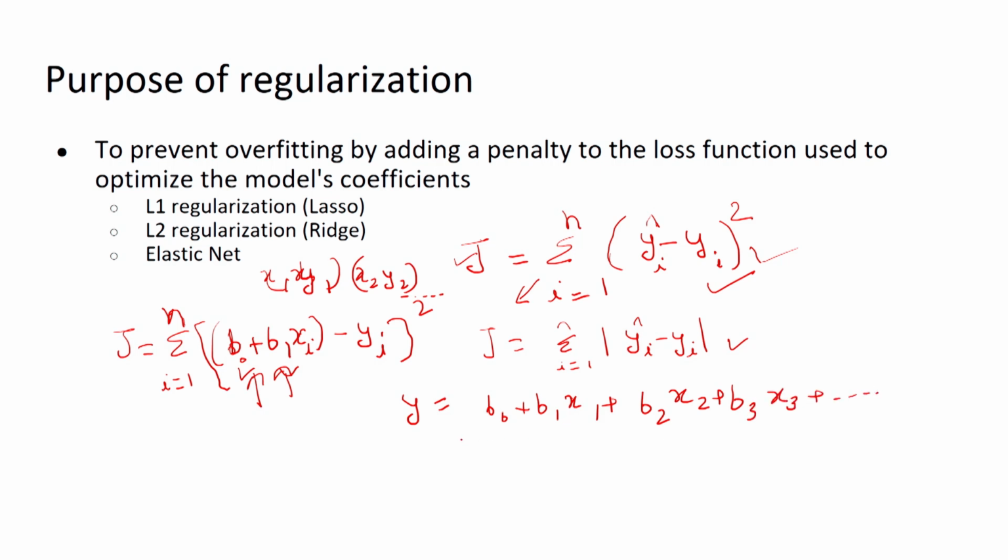In this case, we will learn these values b0, b1, b2 and so on from the data set such that this cost function is minimum.